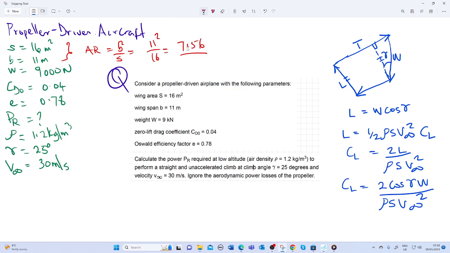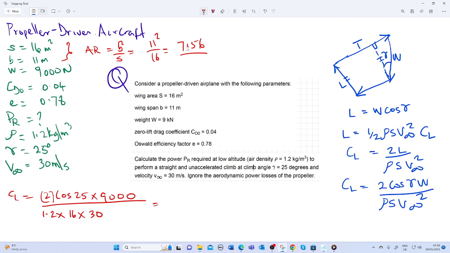So therefore, by slotting all our values into our deduced equation, we have our CL to be 2 multiplied by cos 25 multiplied by, what's the weight? 9,000, all over 1.2 times 16 times 30 squared.